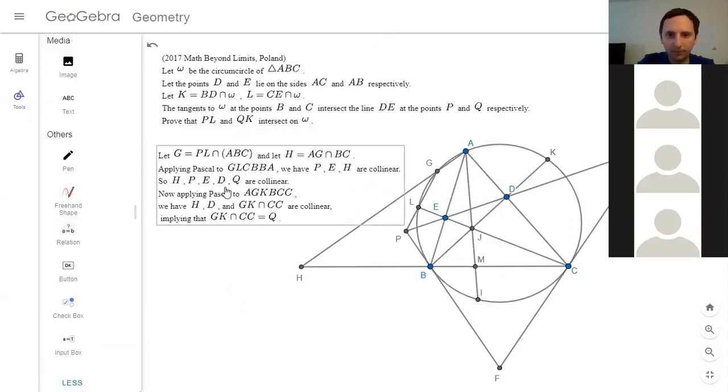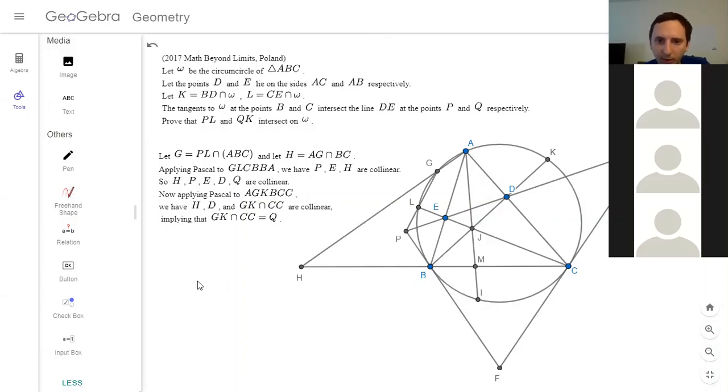So okay, so GLC VBA, we have P, E, and H are collinear.